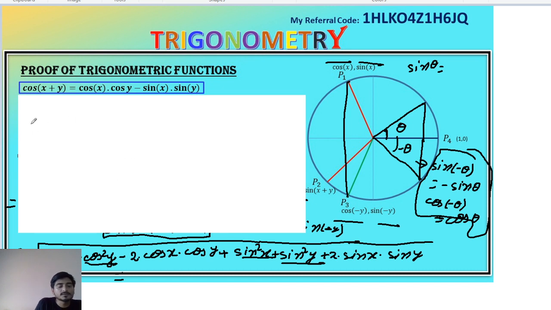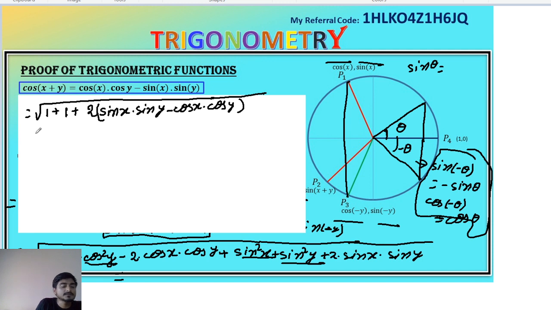Okay, so this can be written now, root of cos square x plus sine square x is 1, and cos square y plus sine square y is 1, and then this can be written as 2 into 2 into sine x into sine y minus, so I can directly take common and I can write minus cos x into cos y.